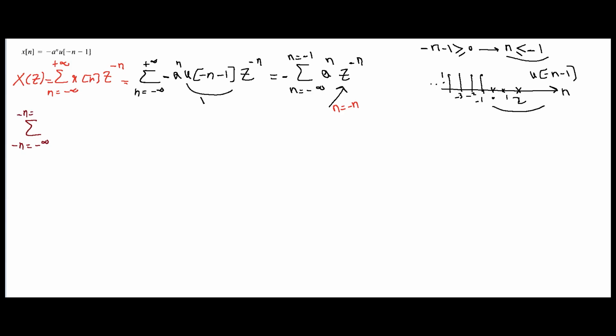Now let's make a change of variable, replace n with minus n. After changing the summation limits accordingly, the expression becomes minus the summation from 1 to positive infinity of a to the power minus n z to the power n.